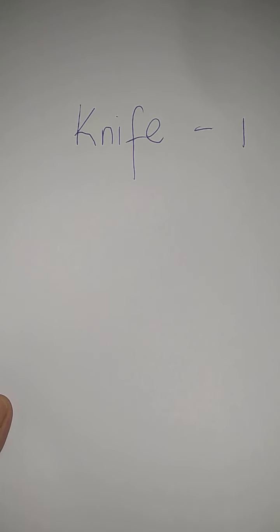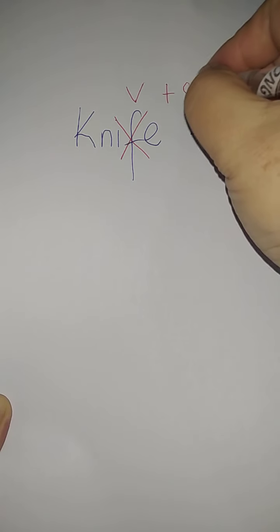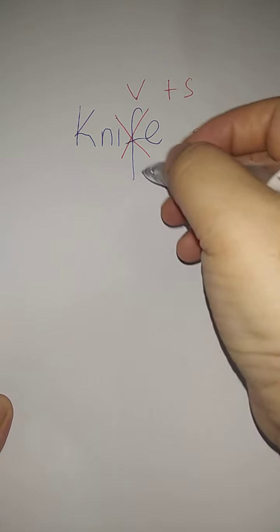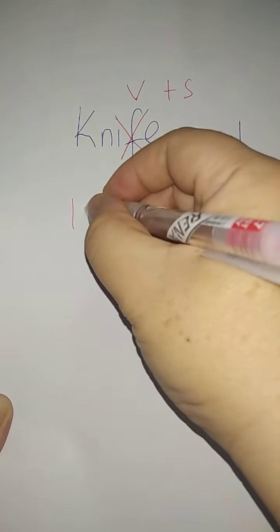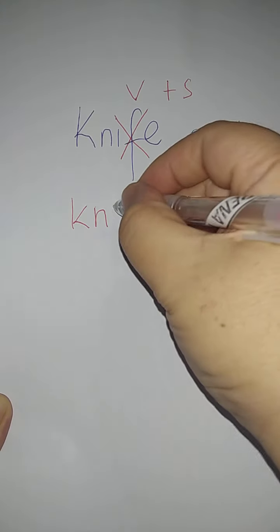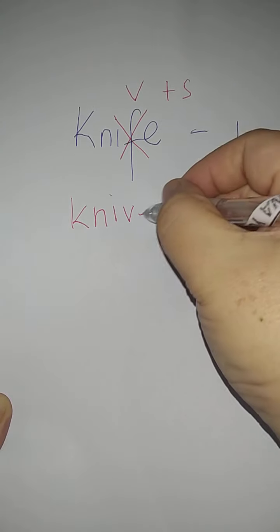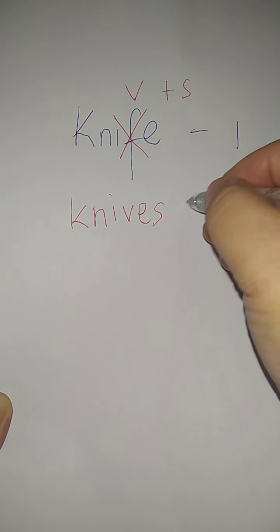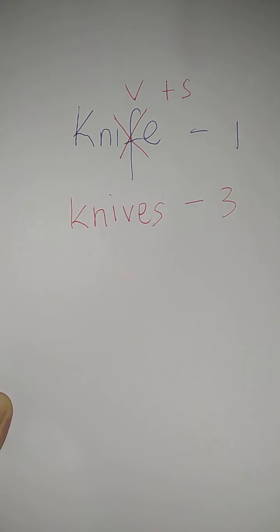But if you write the sentence for more than one knife, we change the F to V and add S at the end of the word, which is K N I V E S, knives, because in the picture we have 3 knives.